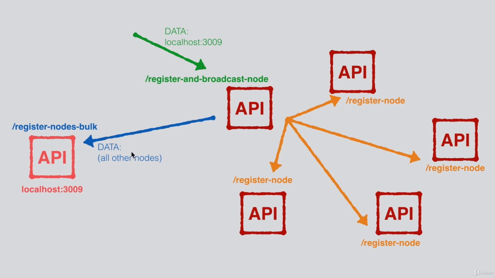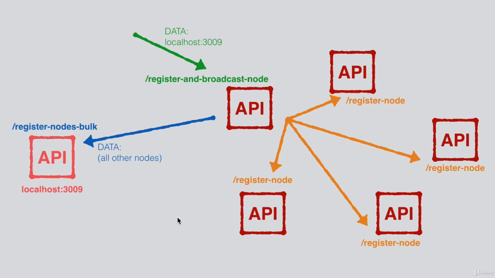So what this call will do is it will register all the other nodes that are already present inside of our network with our new node. And that's it. At this point, this node is now part of the network, and all of the nodes inside of the network will be aware of all the other nodes present in the network as well.